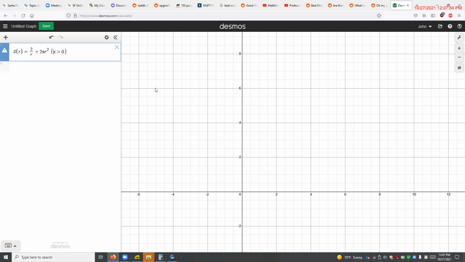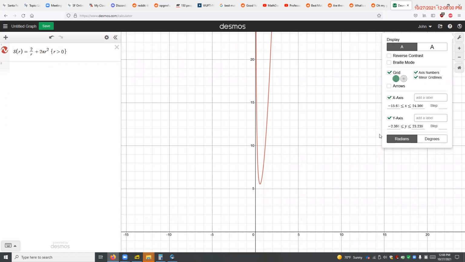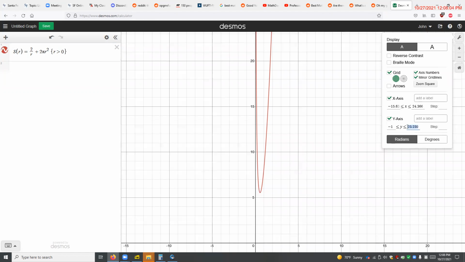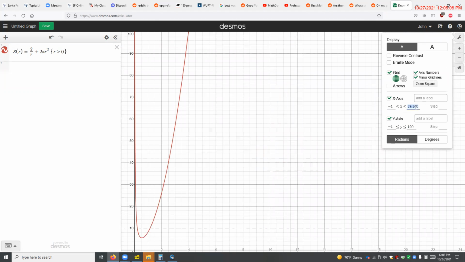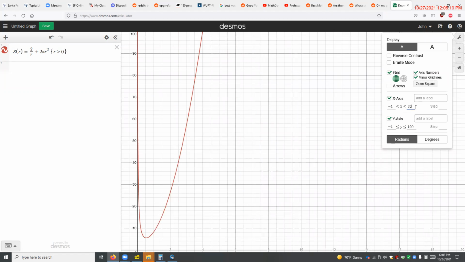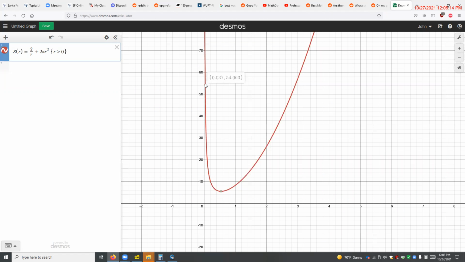So this is what that function looks like. Here's the function S. And what we found was this min, which turns out to be both a local and absolute min.